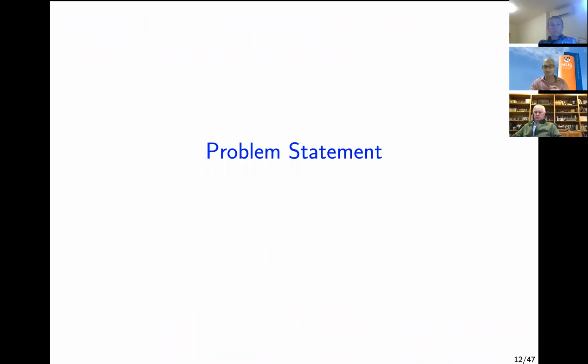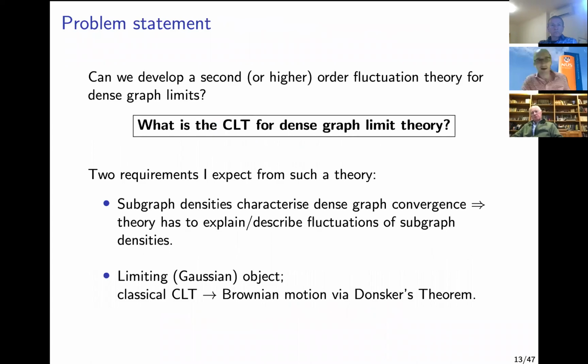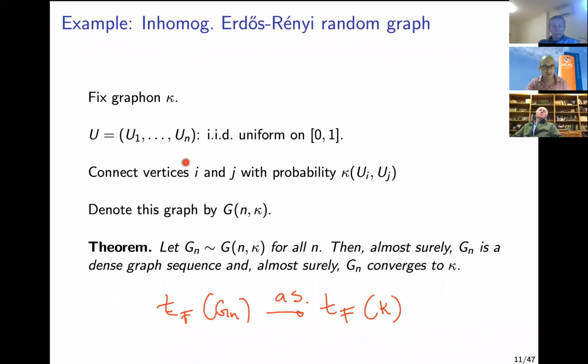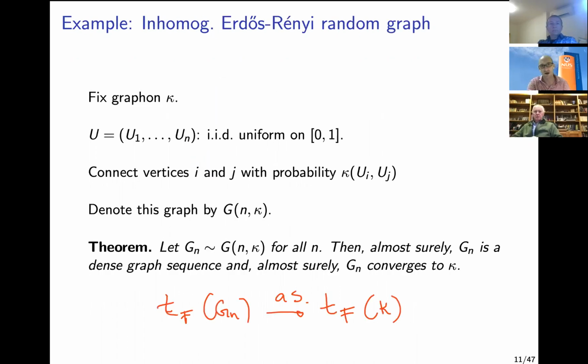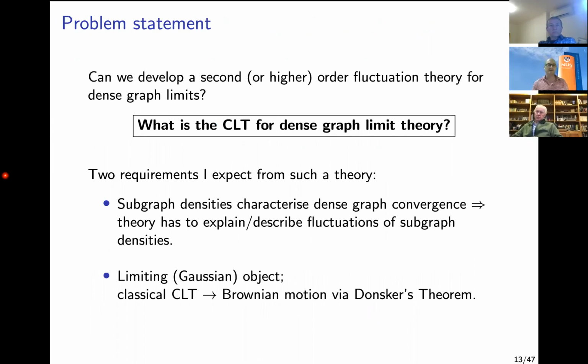So what's the problem statement? Of course, the natural question as a probabilist is, what is the central limit theorem for dense graph limit theory? In other words, is there a theory with which we can describe or understand the fluctuations of random graphs? As I said before, these objects are random. There's randomness not just in the graphs, but also in the subgraph densities we're looking at. So is there a theory that captures that?